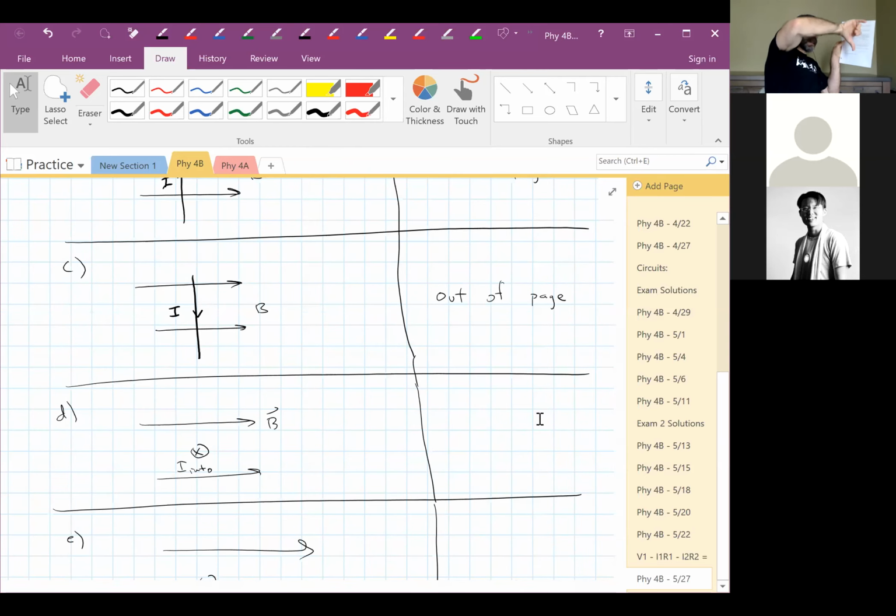Roll them to the right, and your thumb points toward the bottom of the page.